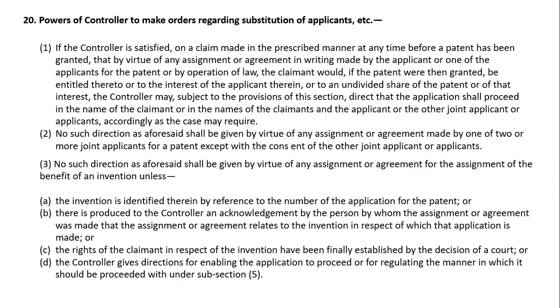Second, you cannot put anyone else's name without their consent. Third, in the assignment you must mention clearly for which application you are applying for the substitution, with the proper agreement and assignments. If there is any dispute at this time, the court's decision will be considered final. And secondly, you have to submit amended Form 1 and the deed of assignment.